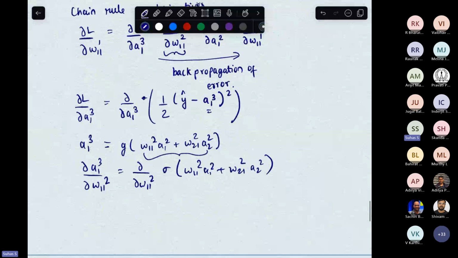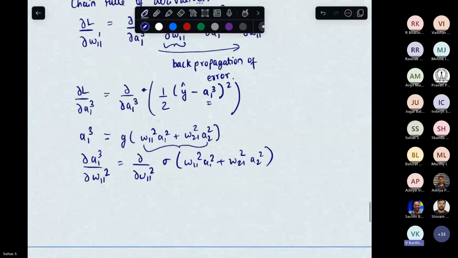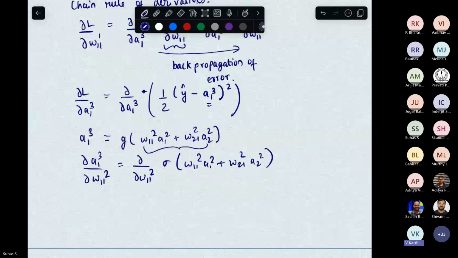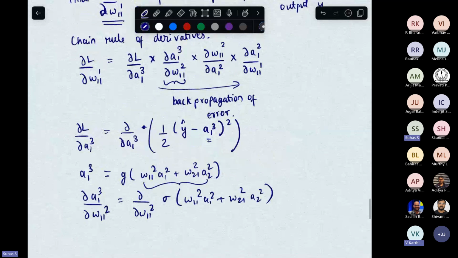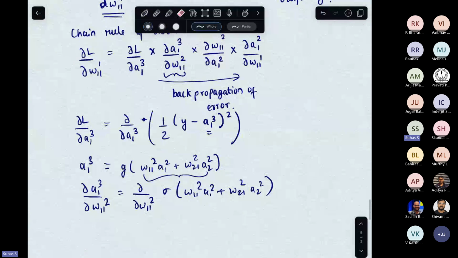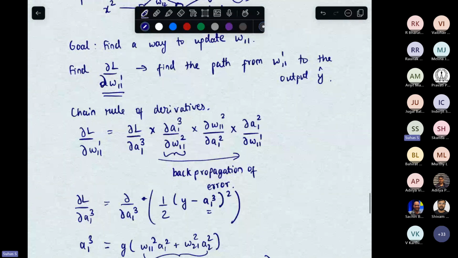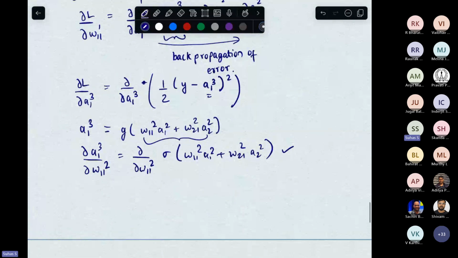And here also it should be y cap, right? Sorry. Here also dL by dA. Sorry, I keep making this up. Yeah, sorry. Thanks for pointing that out. So it is y minus A13, and so we have the derivative of A13 with respect to W11 of 2, which is the derivative of the sigmoid with respect to the net input at node A13.